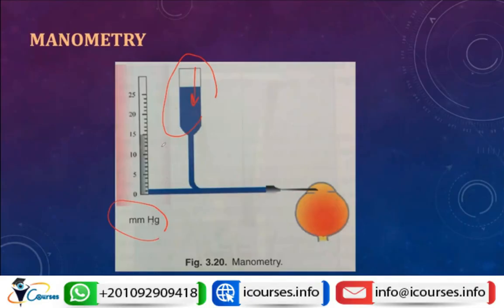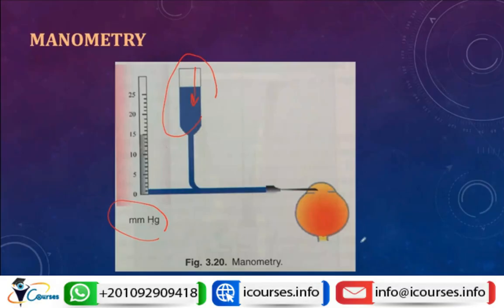So this will be the real and true measurement of the pressure inside the eye, by how much it will displace a column of mercury along a scale. But actually this is not feasible, and we cannot do this in routine practice.